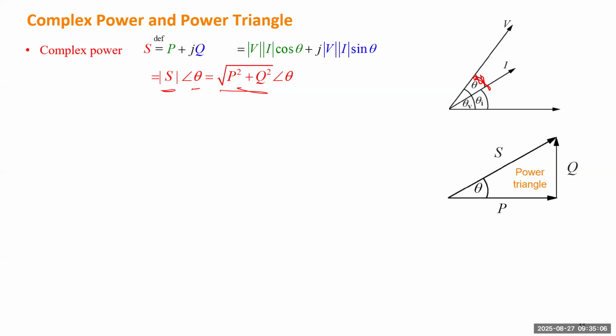If we draw the complex number in the complex plane, with the real axis and imaginary axis, P will be in the real axis direction, and Q will be parallel with the imaginary axis direction. The head will be a complex number, whatever you calculated for S. The angle here is the same as the angle between voltage and current. We call this triangle the power triangle.